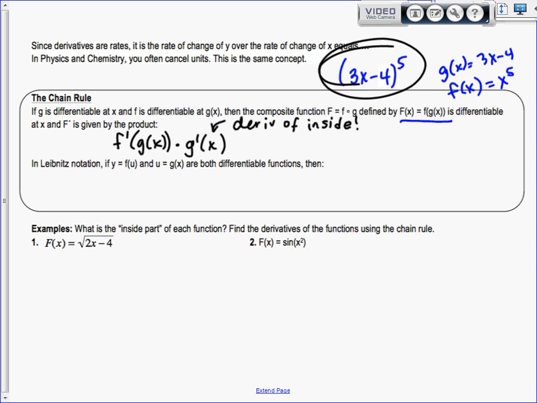Okay. All right, it says in Leibniz notation, if y is in terms of u, and u is equal to g of x, and both are differentiable functions, then what? So we're going to rewrite with u, where u is g of x. So y is equal to f of g of x.